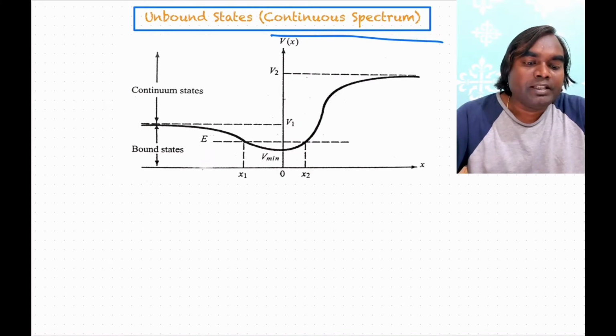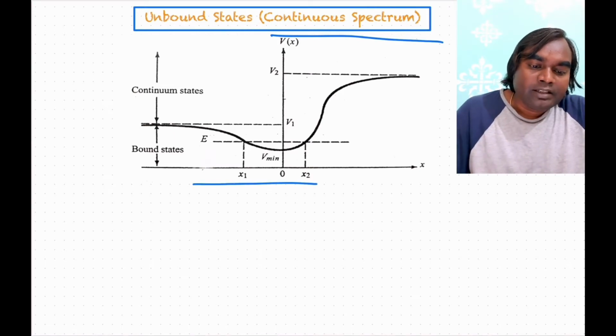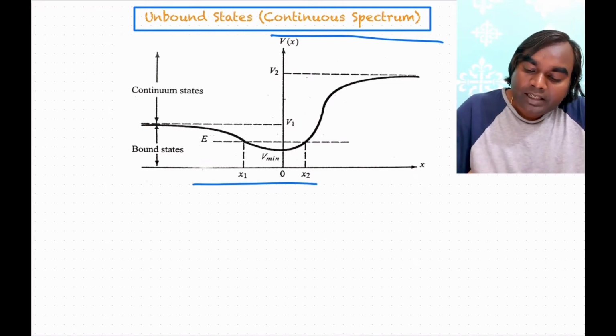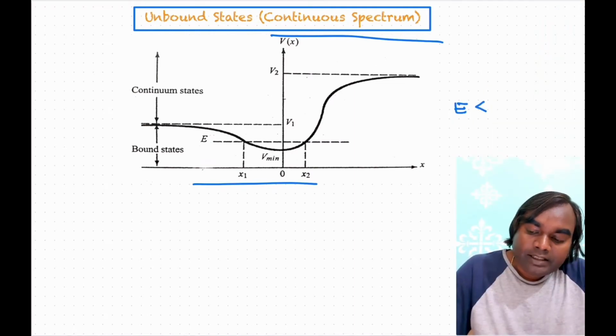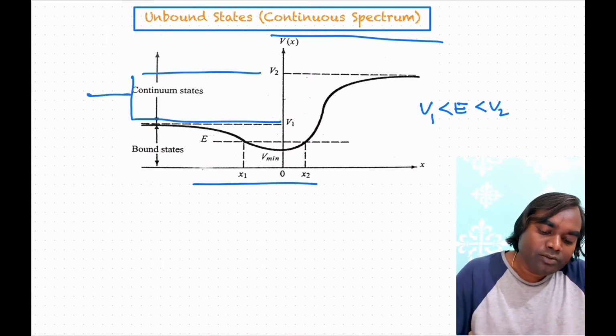For the potential, as you see in this figure, there are two energy ranges where the particle motion is infinite. The first range is E less than V2 and greater than V1. That means in this range, the particle has no boundary.